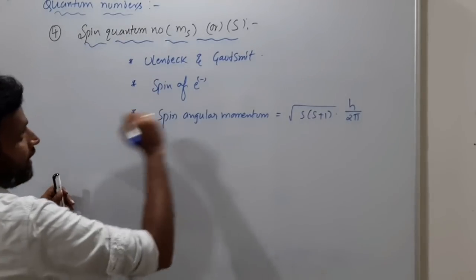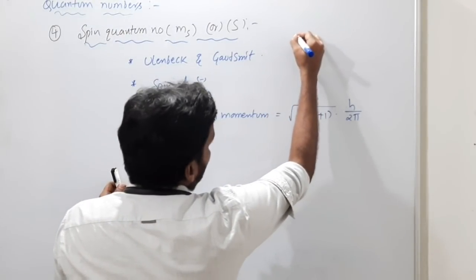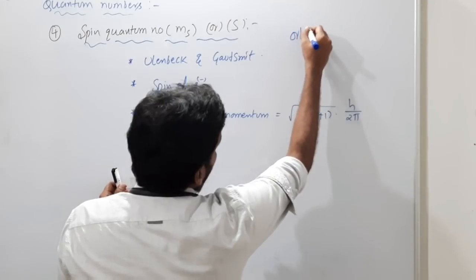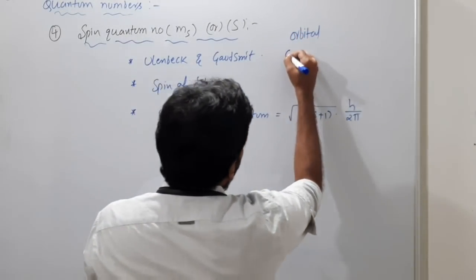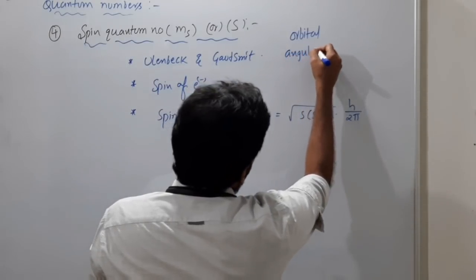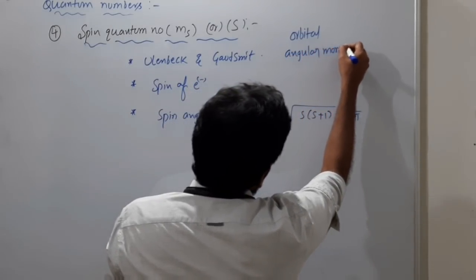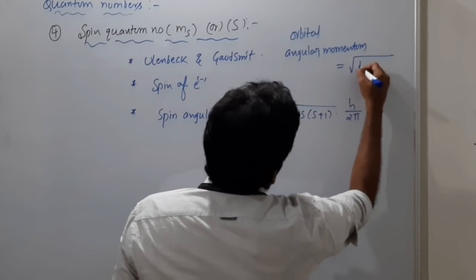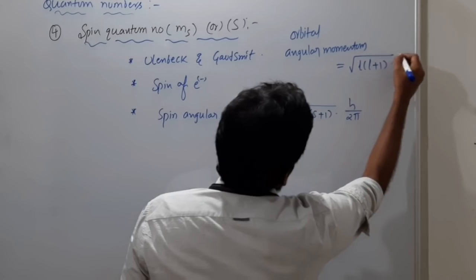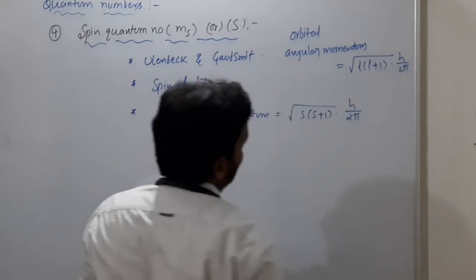And one more thing I forgot to say in the magnetic quantum number: orbital angular momentum, that is, the subshell angular momentum. Orbital angular momentum is square root of L into L plus 1 into h by 2 pi.